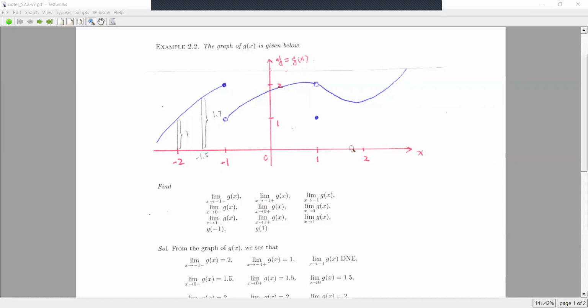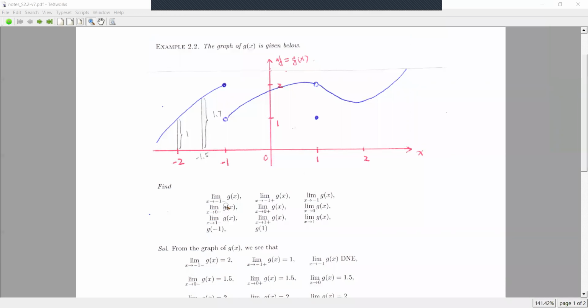Now x approaches it from the right side. Then the curve approaches this open dot. The height of this open dot is 1. Therefore, this limit is 1.